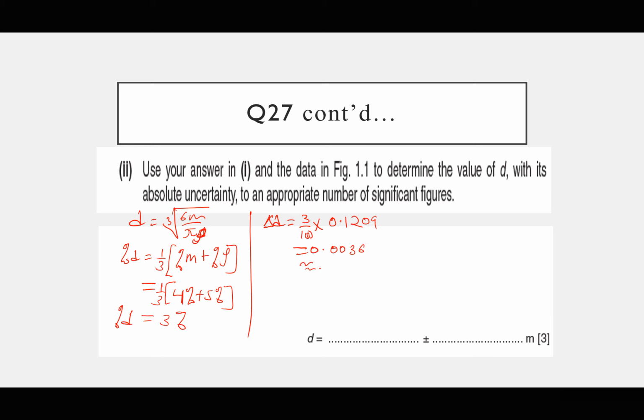To one significant figure, it is 0.004. So these are 3 decimal places. So I will go back and write my answer to 3 decimal places. So my correct value of D will be 0.121. Note that was 09. Then plus or minus 0.004. So that will be the correct value of D with its absolute uncertainty. Next.